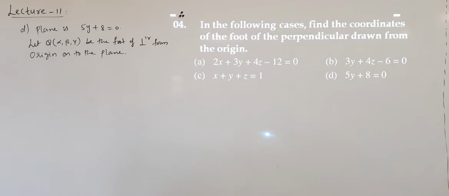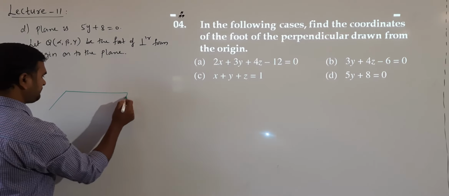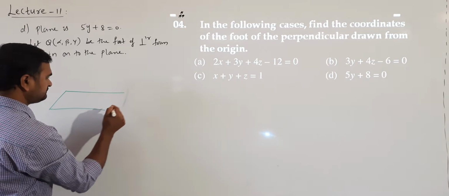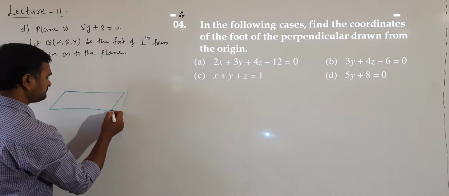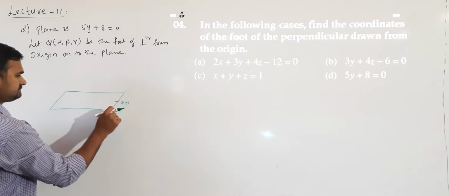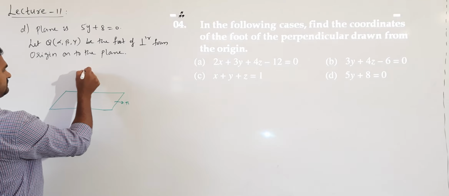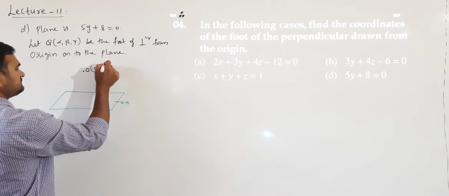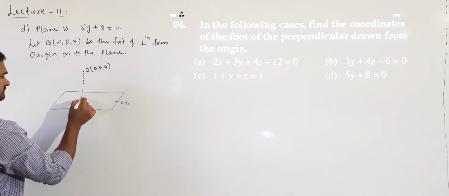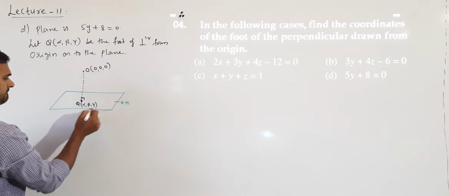So let's take a diagram. The plane is given. Suppose this is the plane we have. Now from the origin, which we know is 0, 0, 0, we are drawing a perpendicular onto the plane. This is the point Q, alpha, beta, gamma.